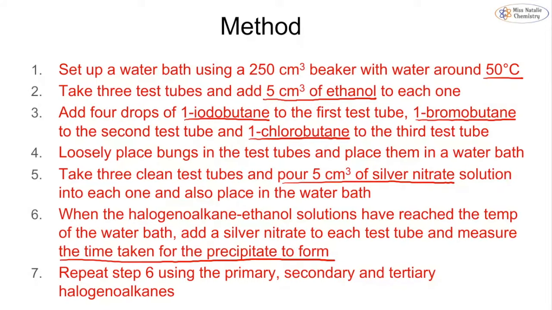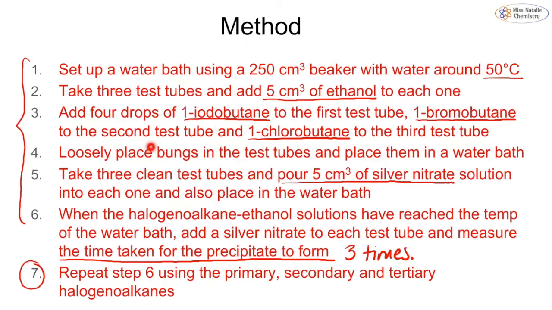I then do the same with the bromo and then the chloro, so that I have 3 times, 1 for the bromo, 1 for the chloro, and 1 for the iodo. I then repeat all of these steps, this time using the primary, secondary and tertiary halogenoalkanes.